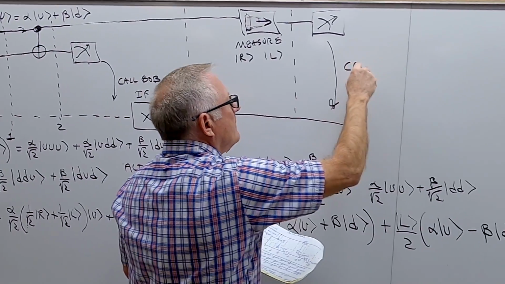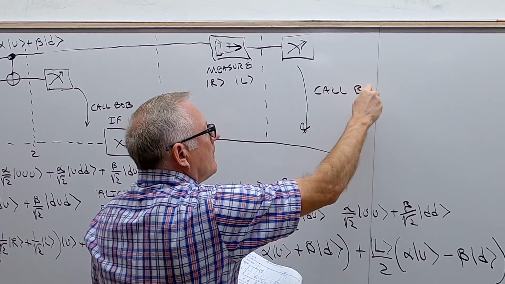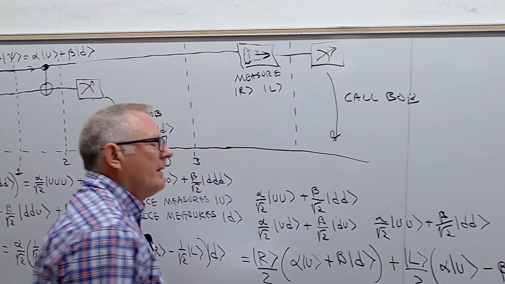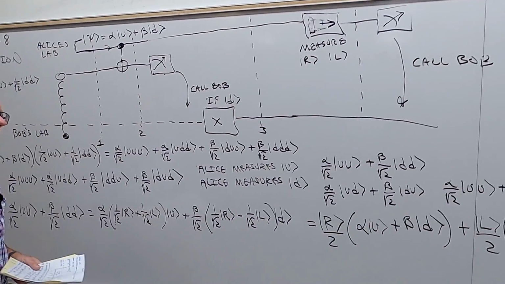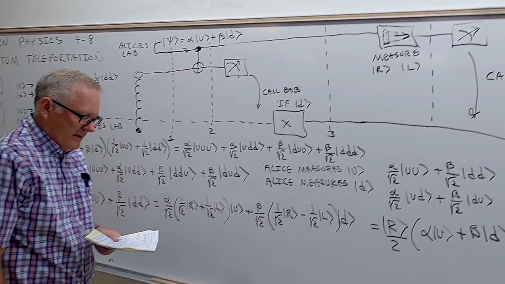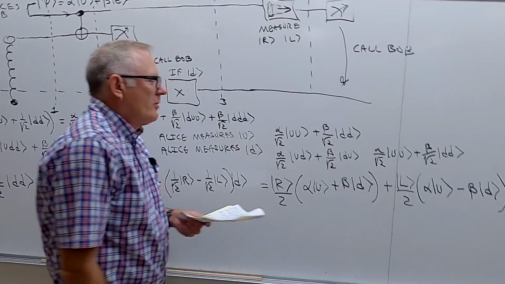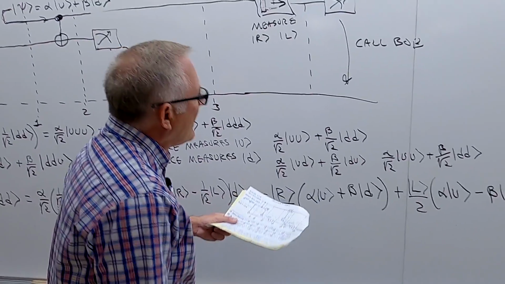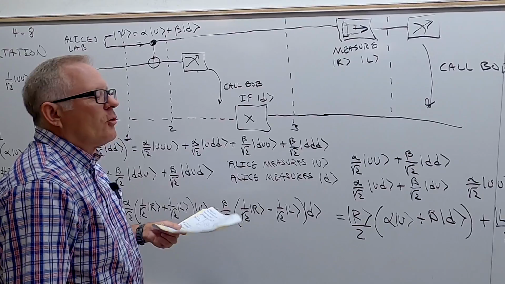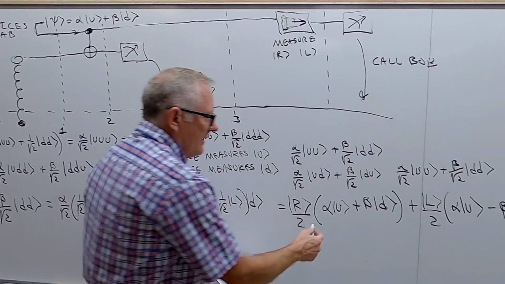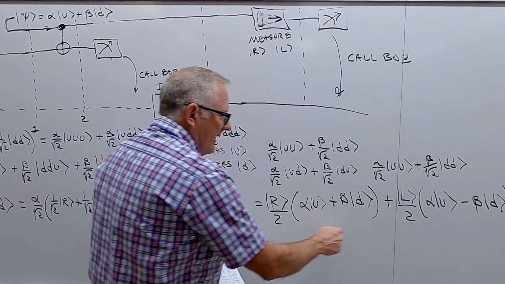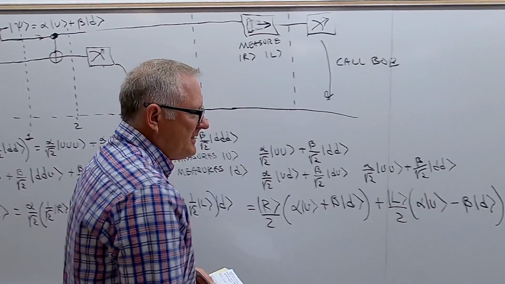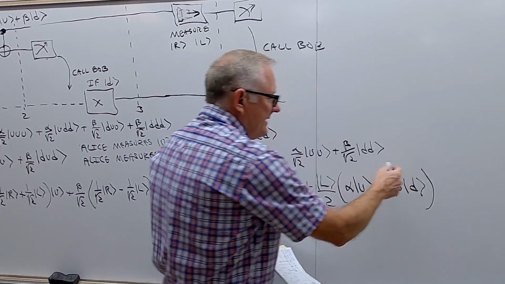Call Bob and tell Bob what you got right here. If Alice calls Bob and says, I got a right, then we know this is the state. If she says, I got a left, then this is the state.